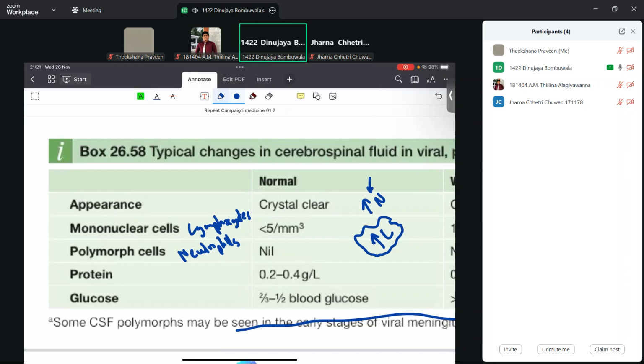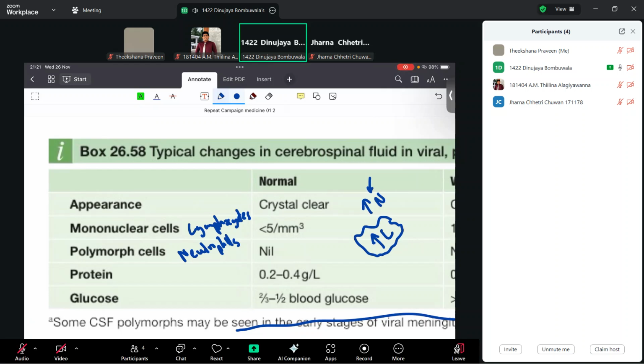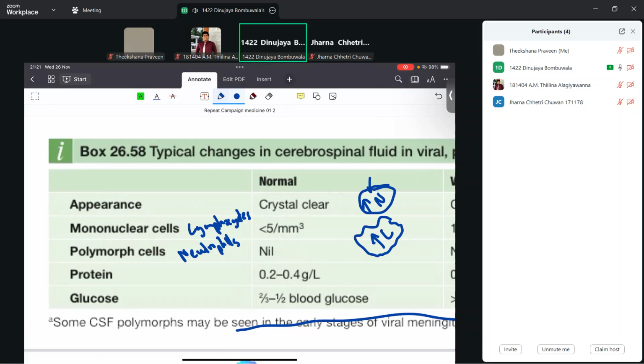So if we do CSF analysis of a patient suspected of tuberculous meningitis, it is later in the course. So the neutrophilic phase has already passed. The predominant cell count would be lymphocytes, but neutrophils can be increased as well. Protein, it is a bacteria, it is active and it works over a long time.